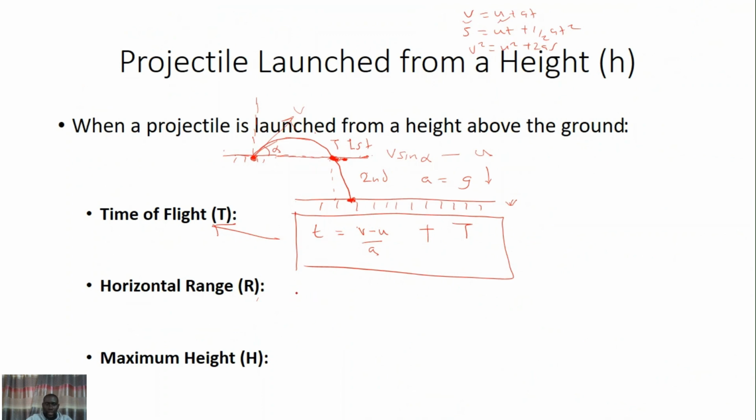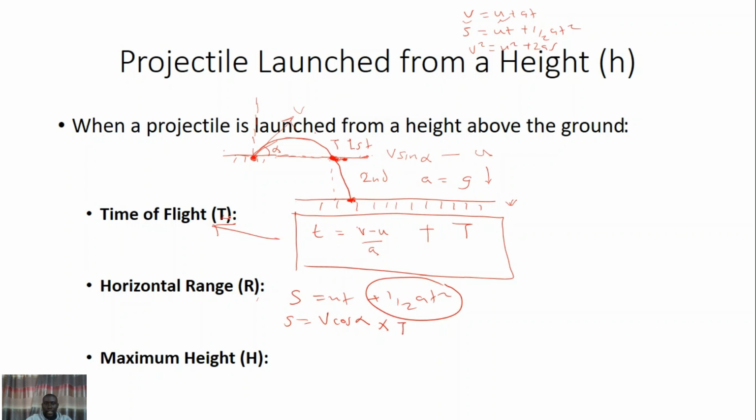We said the range s equals ut plus one over two a t squared, and we say the acceleration will be 0, so s equals ut. And the s will now be equal to u, which is v cos alpha along the horizontal component, because that's what we are considering now, times the t that you got here. That's what you are going to use.